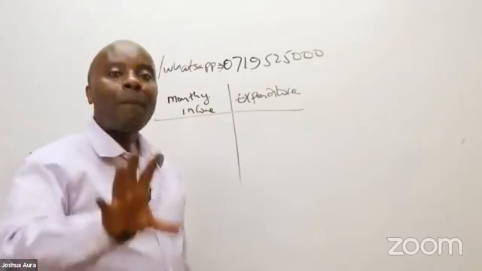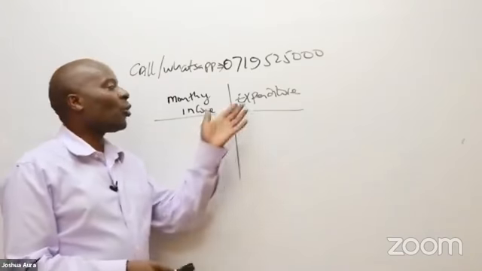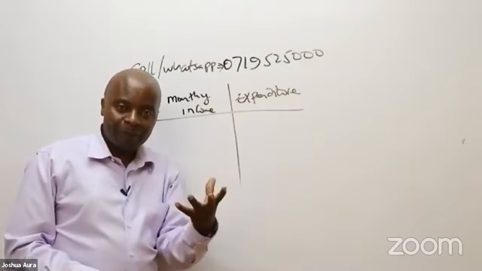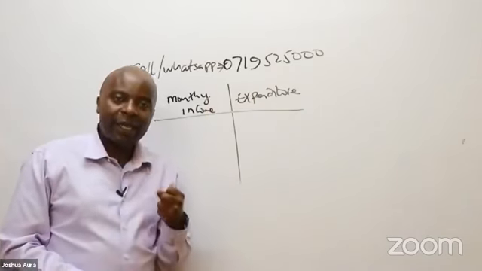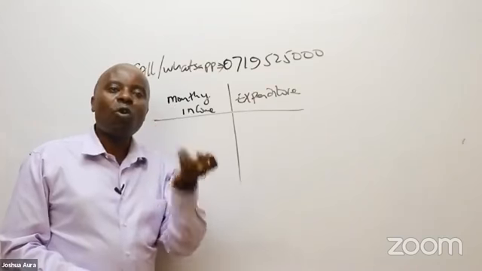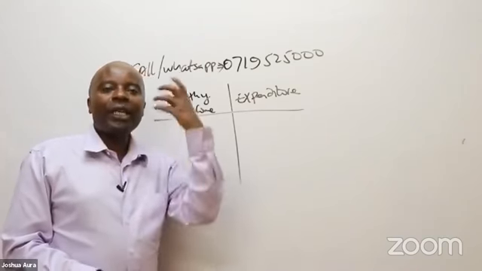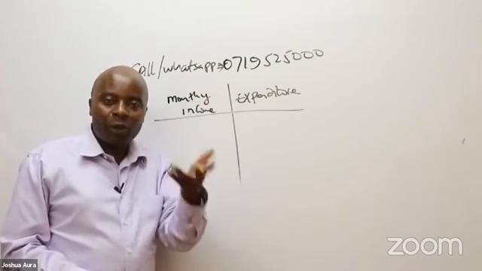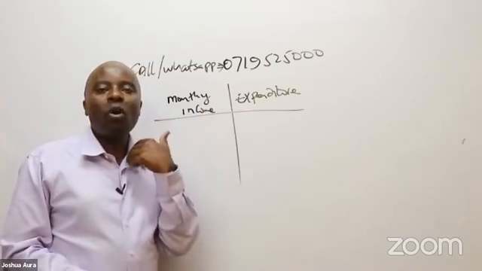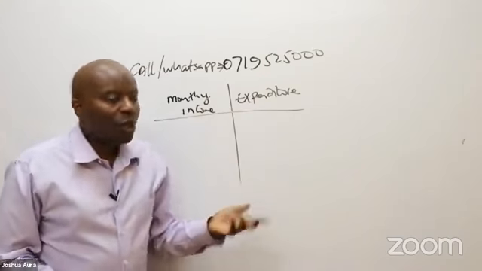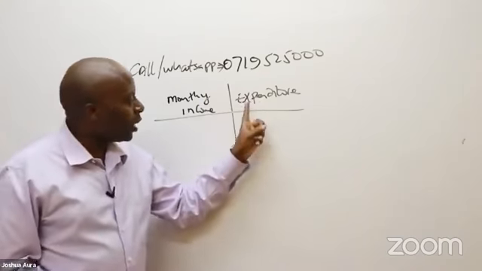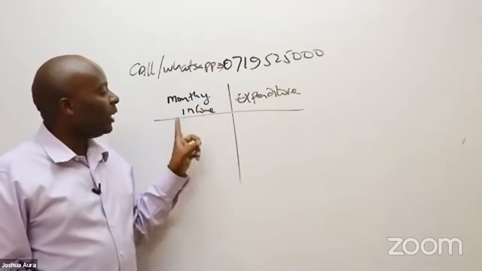Ladies and gentlemen, between these 2, of course, you can't spend what you don't have. My spending is a function of my income. The more the income that I derive out of employment or out of business, the more my spending will be. So here, the expenditure is dependent on the monthly income.